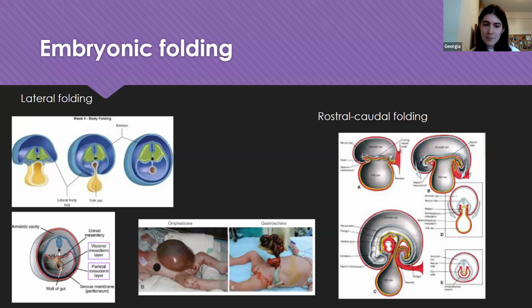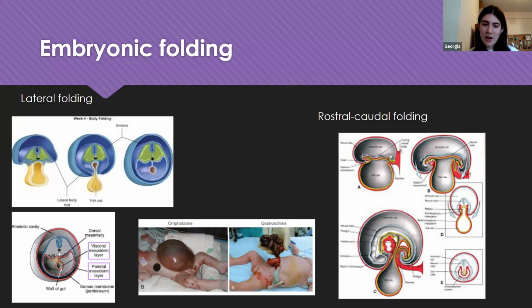So lateral folding, which is on the left here, results in the formation of the gut tube and the amniotic fluid now surrounding the embryo. So the gut tube is this bit here in yellow, and it's surrounded by the splanchnic lateral plate mesoderm, and the body wall, which is, I don't know if you can see my mouse, that bit there, is surrounded by somatic mesoderm.